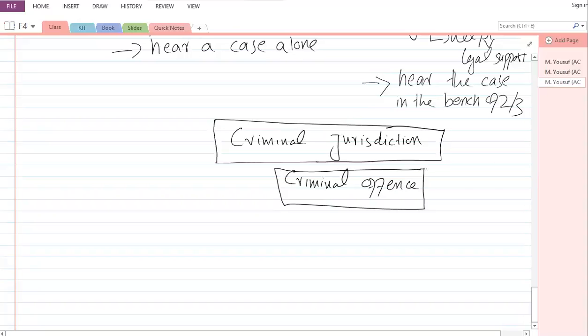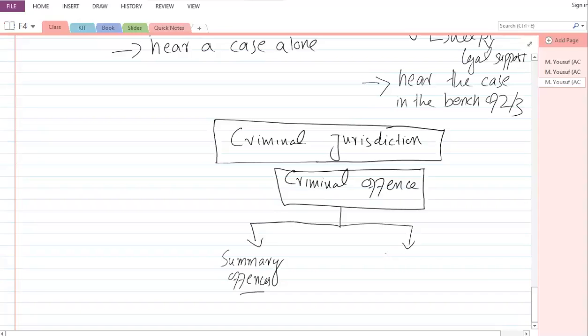There are mainly two types of crimes: summary offenses and indictable offenses. The first category is called summary offenses. These are two types of criminal offenses.